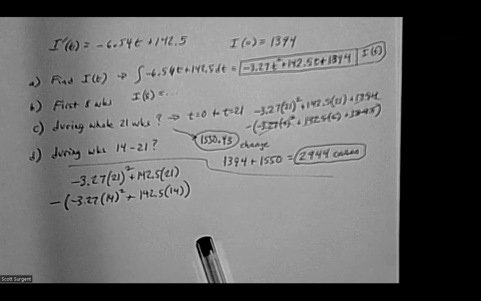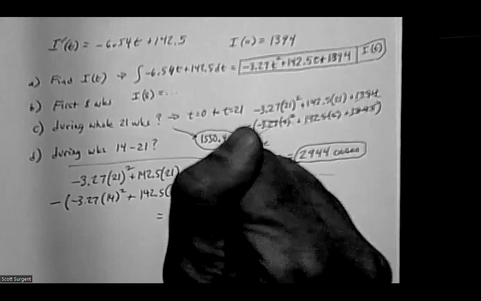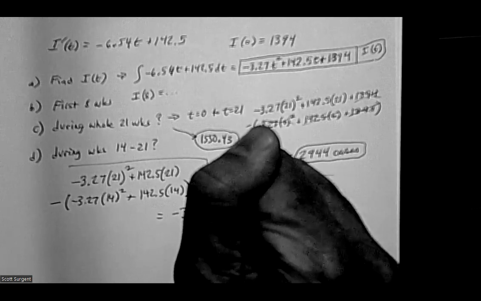I'm dying of curiosity. Let's find out. And I get negative 398.79. Did I mess that up? I'll just round it up to 399.